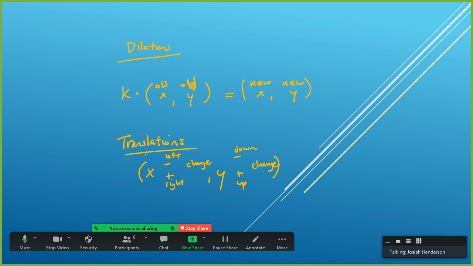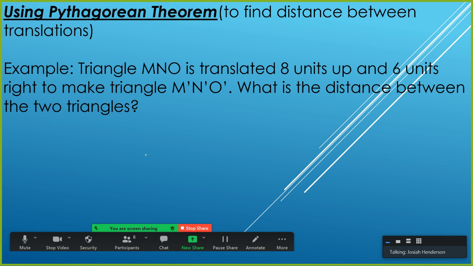Okay, there's one more thing that you might get on your mastery test. So I want to show you that now. This goes with the translations. Using Pythagorean theorem to find the distance between translations. So if we're asked to do a translation to an old figure by going up and over or down and over a certain number of units, they might ask us, well, how many units did it actually move?